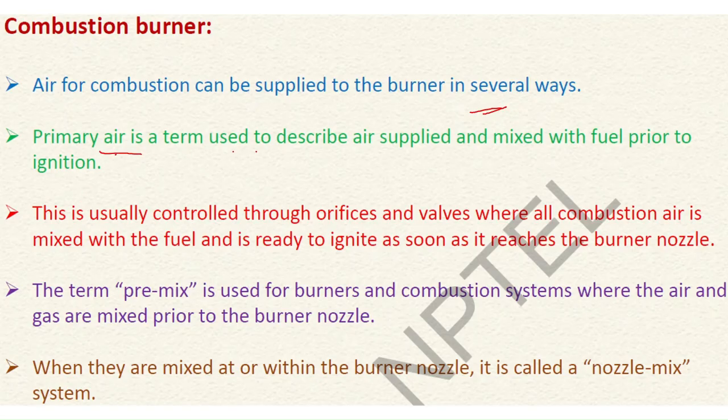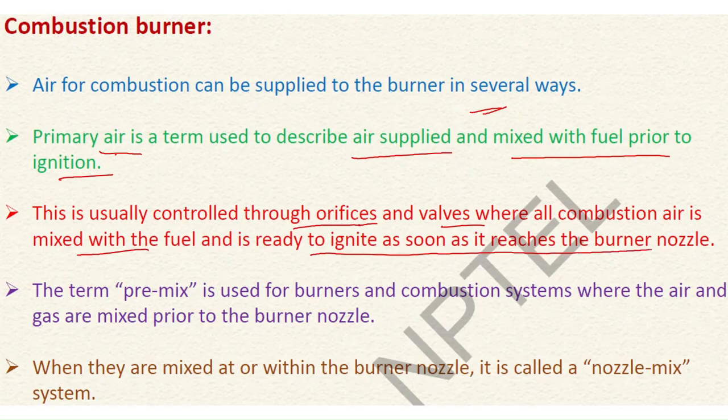One is the primary air, which is a term used to describe air supplied and mixed with fuel prior to ignition. This is usually controlled through orifices and valves, where all the combustion air is mixed with the fuel and is ready to ignite as soon as it reaches the burner nozzle.